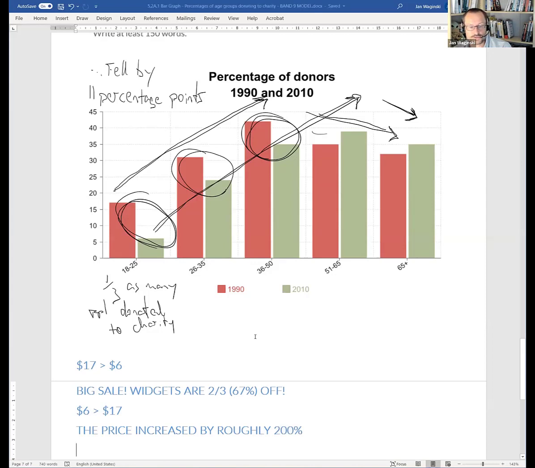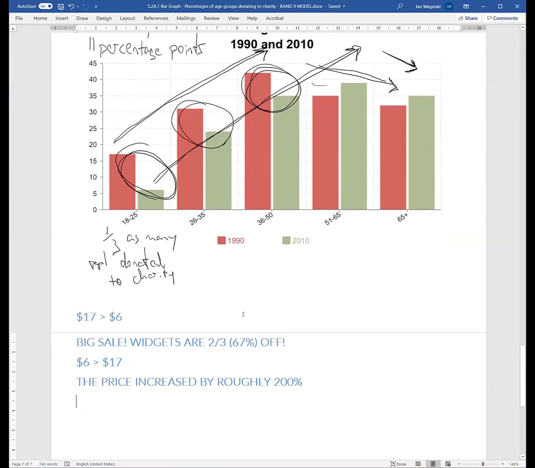If you ever listen to the stock market report, you ever hear how they say the stock market fell by 100 points today, or the stock market rose by 300 points? Why do they say points? Because they're not talking about percentages.